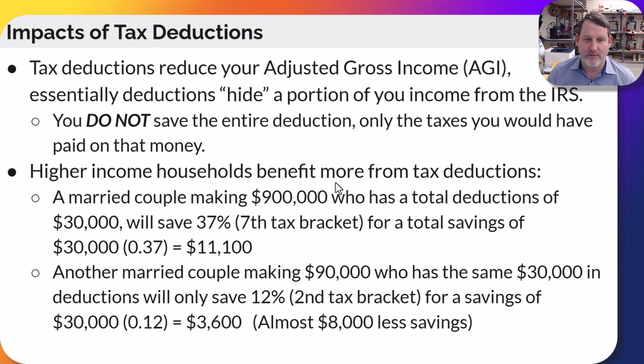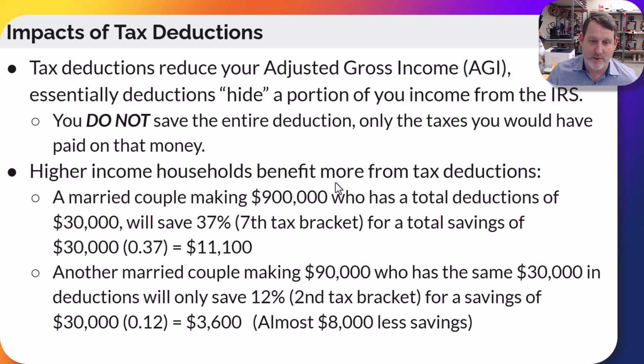So for example, a married couple making $900,000, that's a ton of money, who has $30,000 of deductions, because they're in that 7th tax bracket, they're going to be getting that 37% of taxes they paid back on that money. So if you look at $30,000 times 0.37, they're going to find a savings of $11,100 on that $30,000 deduction. Again, they don't get the entire deduction back, just the taxes they paid on it.